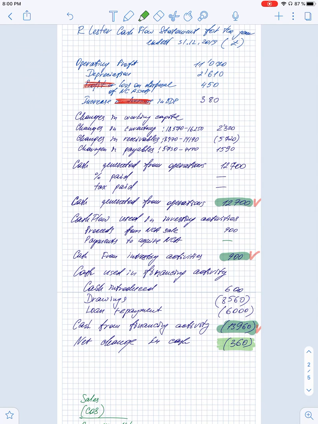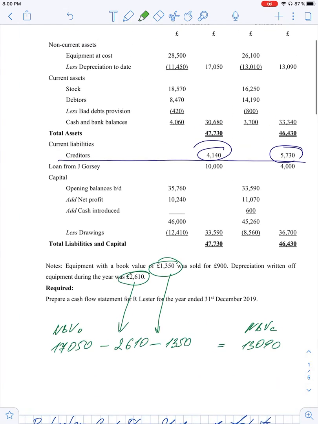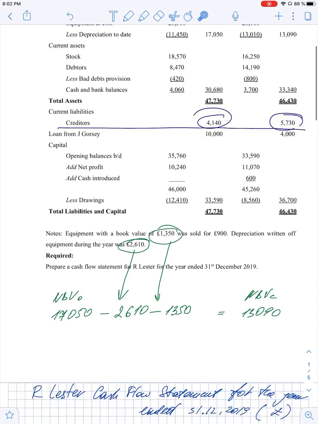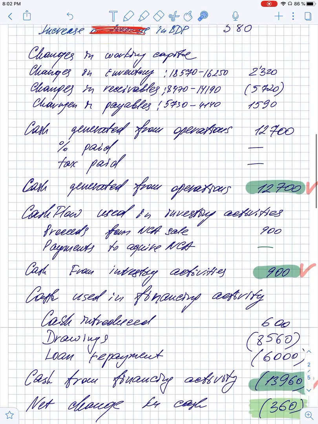So if we consider opening cash in the balance sheet and compare it with the closing cash in the same balance sheet, the difference between these two amounts should be equal to the net change in cash calculated within the cash flow statement using the indirect method.